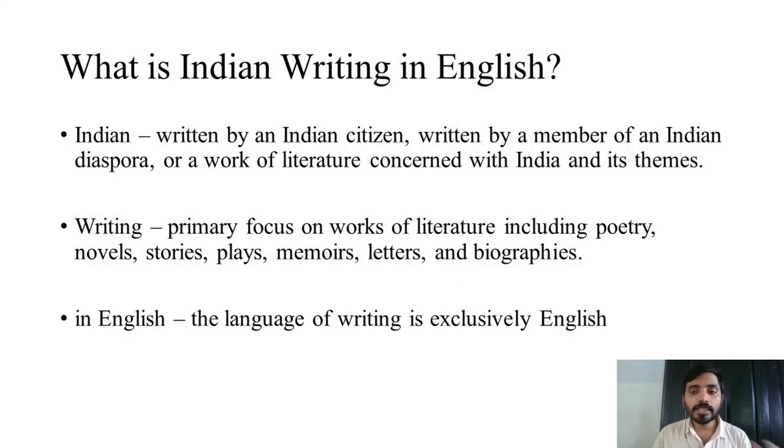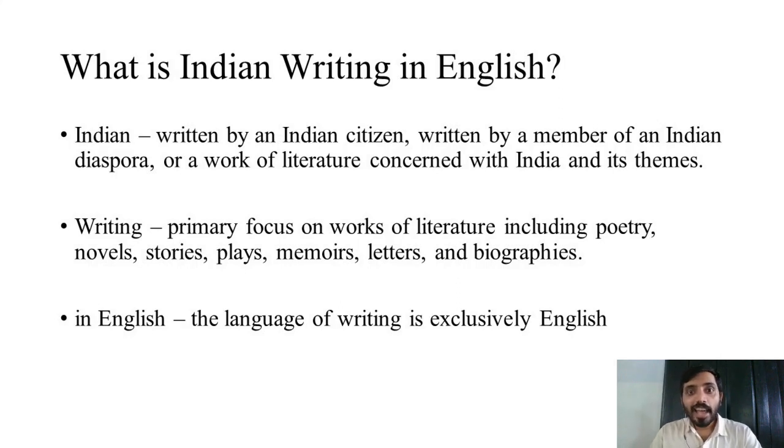Do we consider it as part of Indian writing in English merely because he is an Indian citizen? Maybe, maybe not. It is a very complicated question, but for basic understanding, basic definition, we do consider Indians who are passport-holding citizens of India writing in English as part of Indian writing in English.